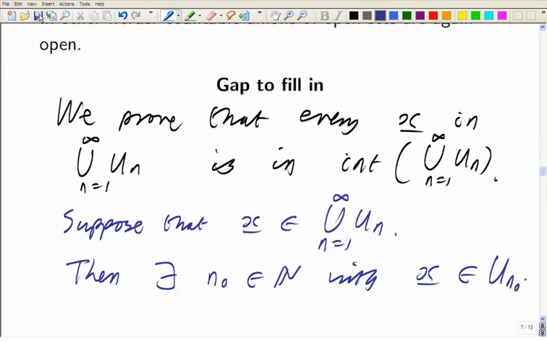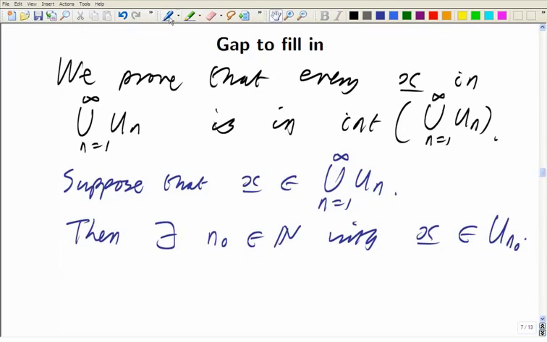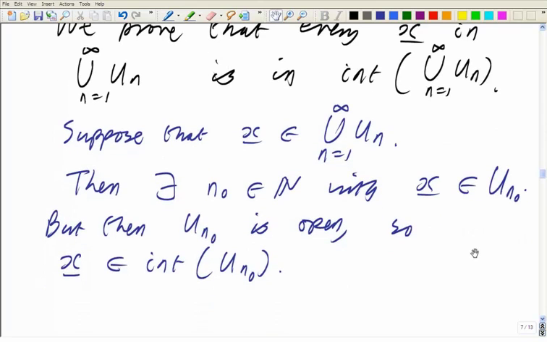You have to be in at least one of the sets, so there must be some number n naught so that you're in that set. But then, U n naught is open, so x is in the interior of U n naught. Open means every point of U n naught is an interior point of U n naught. And finally, U n naught is just one of the sets, and therefore is contained in the whole union.